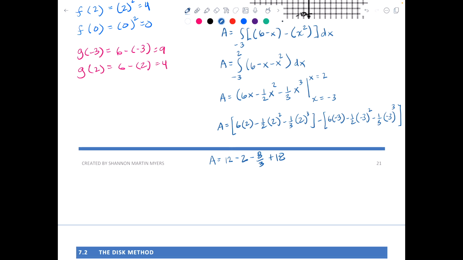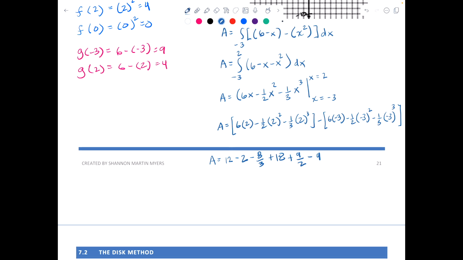You'd get a -9/2, but the sign would flip to a +9/2. And then you'd have a -27 divided by 3 is -9, flip the sign, and we have, do we have a +9? Oh no, but then it would go minus again. Do you see that? Because there's a triple negative.